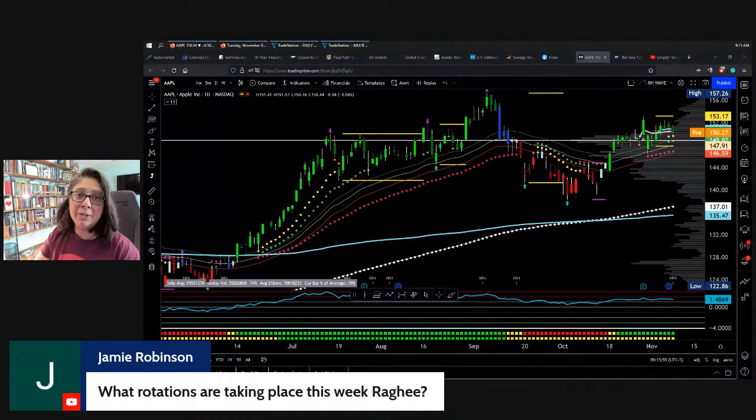So first of all, rotation is something that we will never see coming. We can sort of shorten the list of where rotation may happen by looking at environments that are very strong, parabolic even, corners of the market, stocks, sectors, indices, and then looking at lagging, if not even weak and maybe even sort of uglier corners of the market.